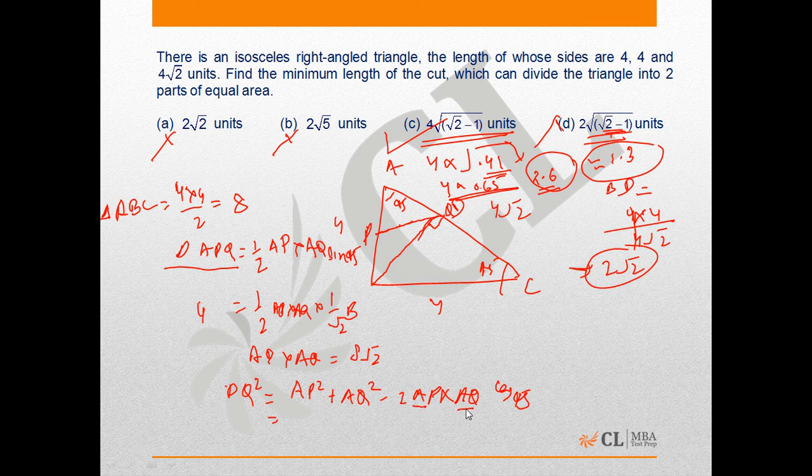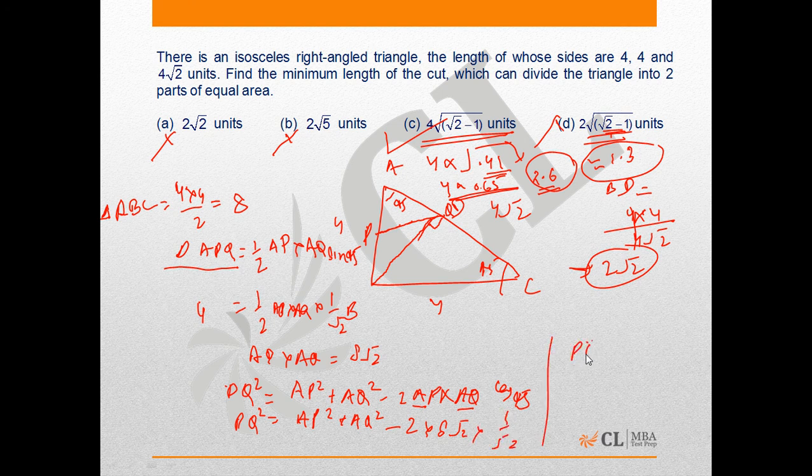AP into AQ is equal to 8 root 2, and cos 45 is 1 by root 2.